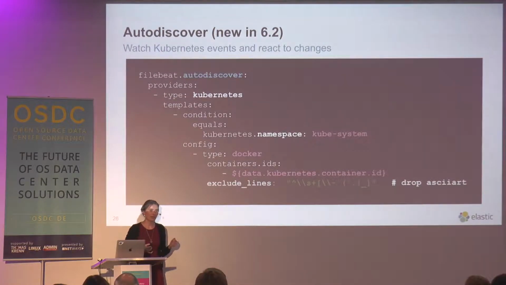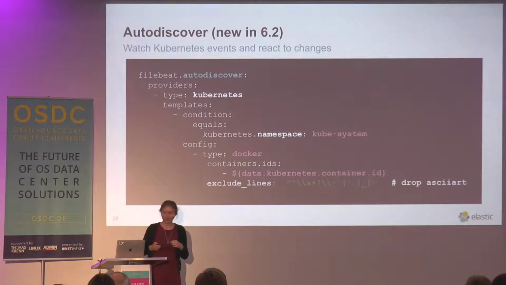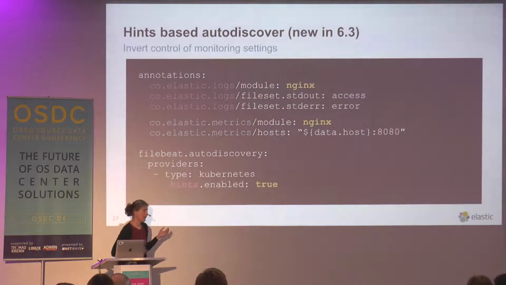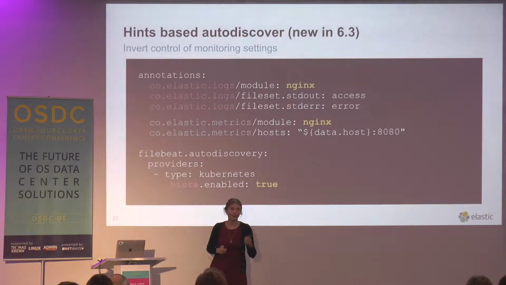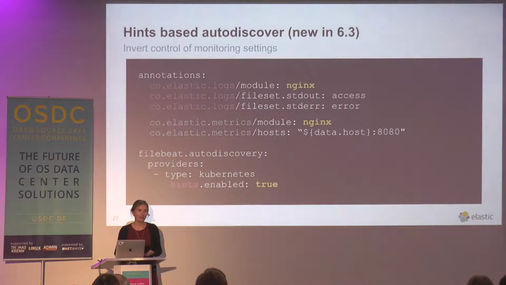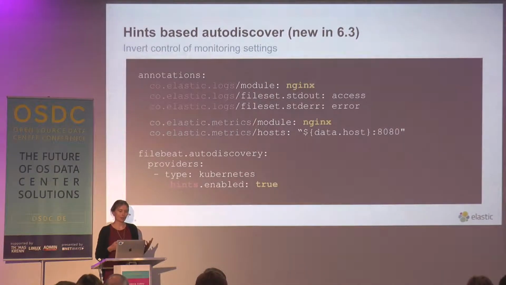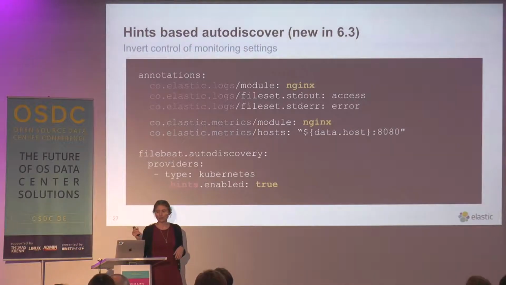Besides having the configuration template in the configuration file of the beat, you can also have the configuration template in the annotations of the pod or in the Docker labels. So basically, you can specify in Kubernetes a series of annotations, and then all you have to do is enable these hints here, and then it will search for co.elastic.logs.